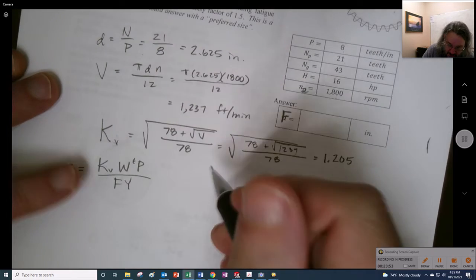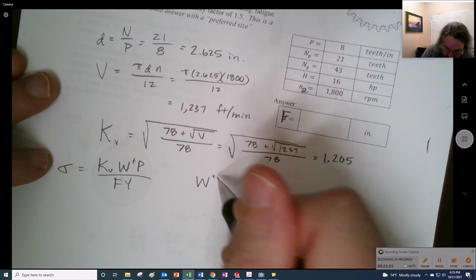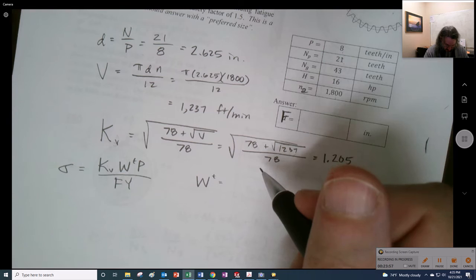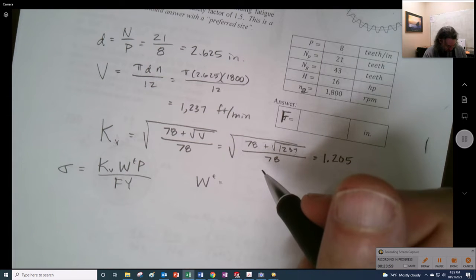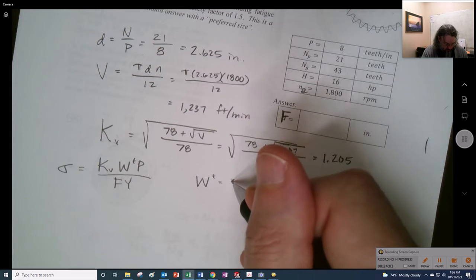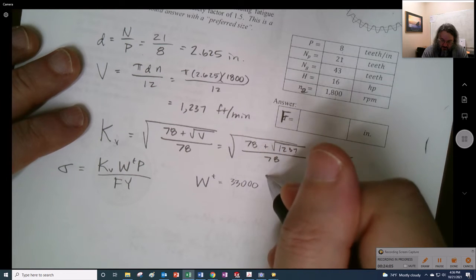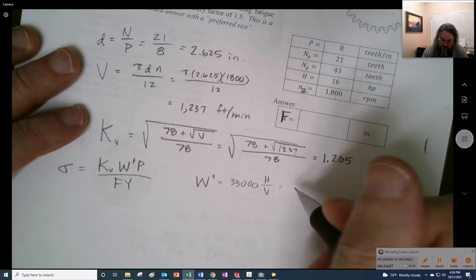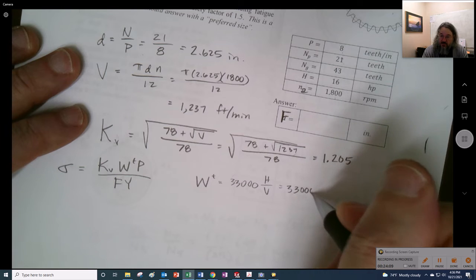I need to get that transmitted load. That's the same equation that I had just a couple of minutes ago, where I went 33,000 H over V, right? So 33,000.